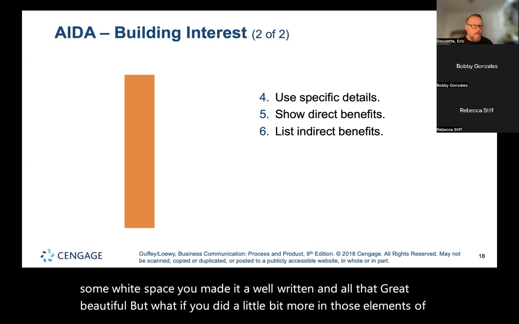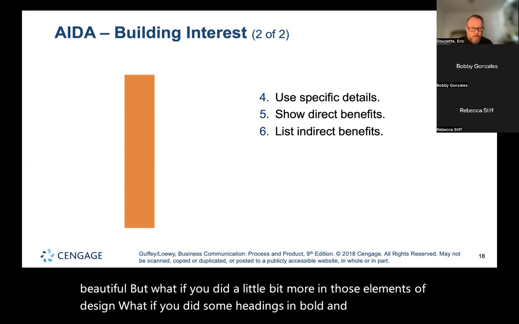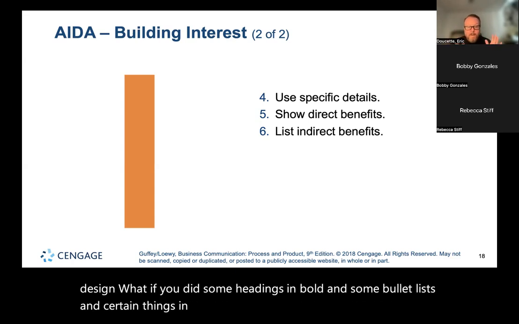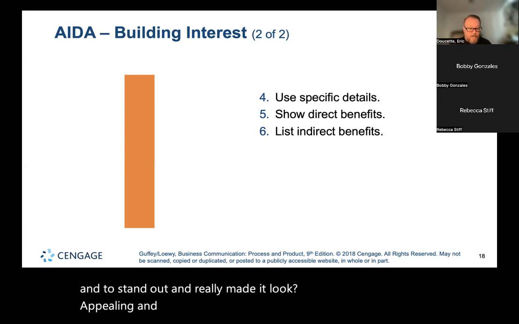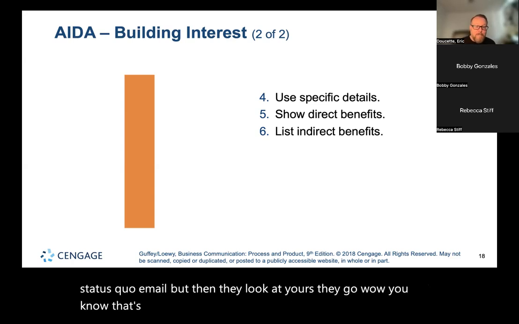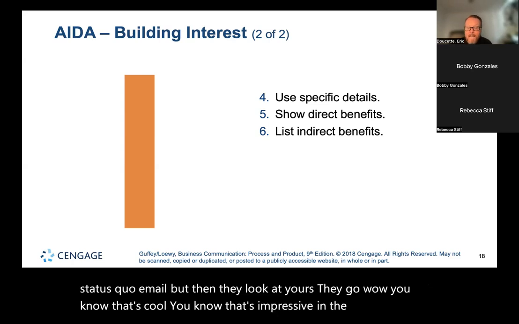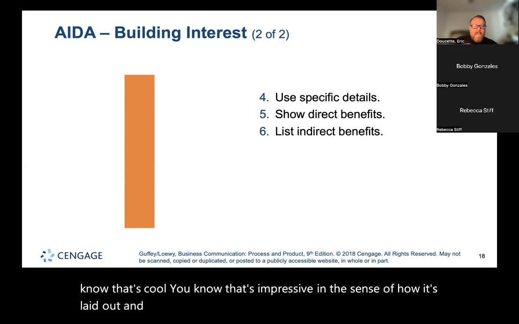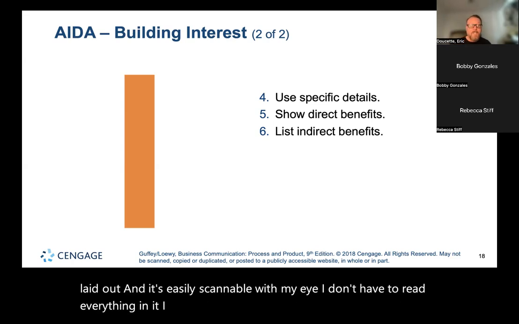What if you did some headings in bold and some bullet lists and certain things in italics to stand out, and really made it look appealing? Somebody looks at the everyday status quo email, then they look at yours, and they go, wow, that's cool. That's impressive in how it's laid out, and it's easily scannable with my eye. I don't have to read everything in it. I can scan it and get the gist of it.